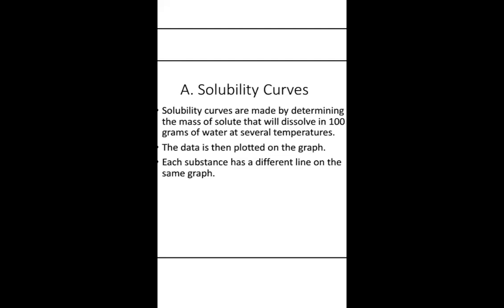And at what temperature you are going to get certain information about their solubility, or if they are saturated, unsaturated, or supersaturated, which you will see in due course. So each substance has a different line on the same graph.